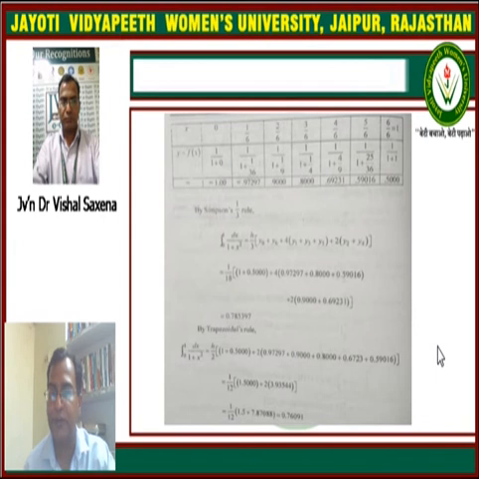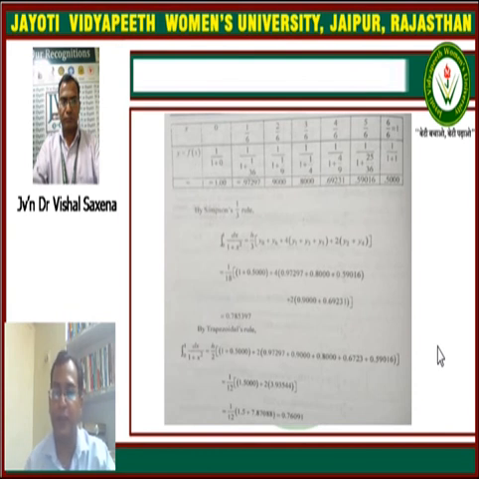And the same question is solved by one more method, by Simpson's 1/3 rule. Simpson's 1/3 rule is a different formula. The formula is given by h/3 times y0 plus y6 plus 4 into y1 plus y3 plus y5 plus 2 into y2 plus y4.